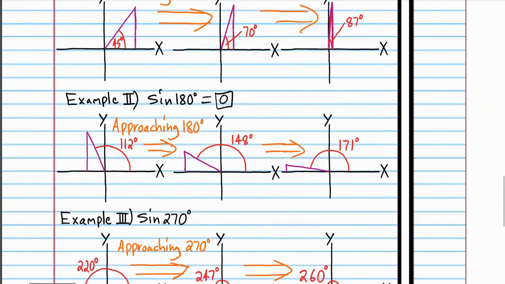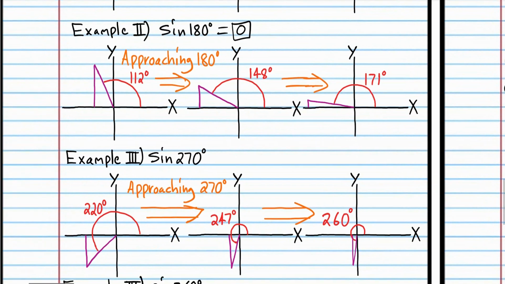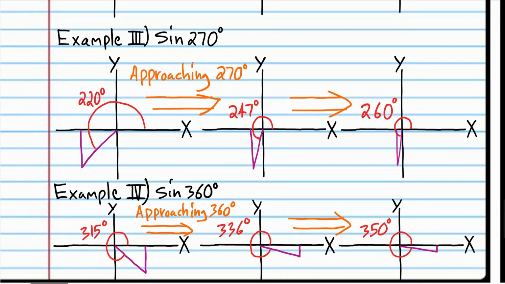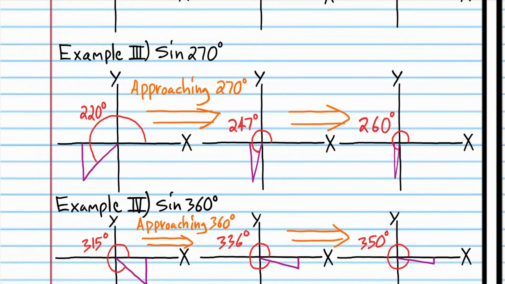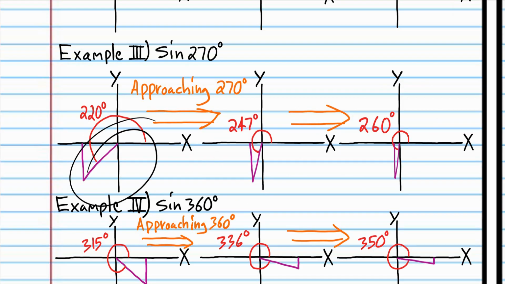So I know that this is very, very strange. In order to understand or to figure out what these values are when the triangles collapse, you have to picture a triangle collapsing as you approach 0 degrees or 90 degrees or 180 or 270 in this case, or 360.